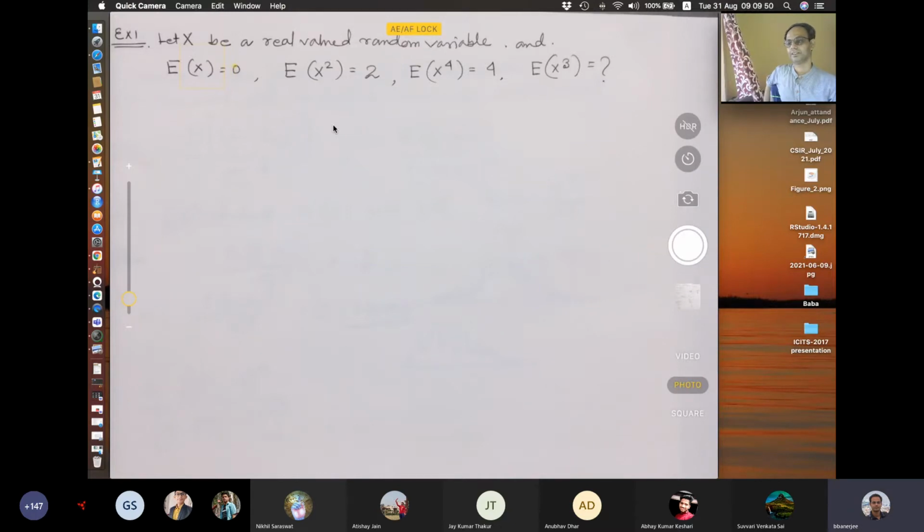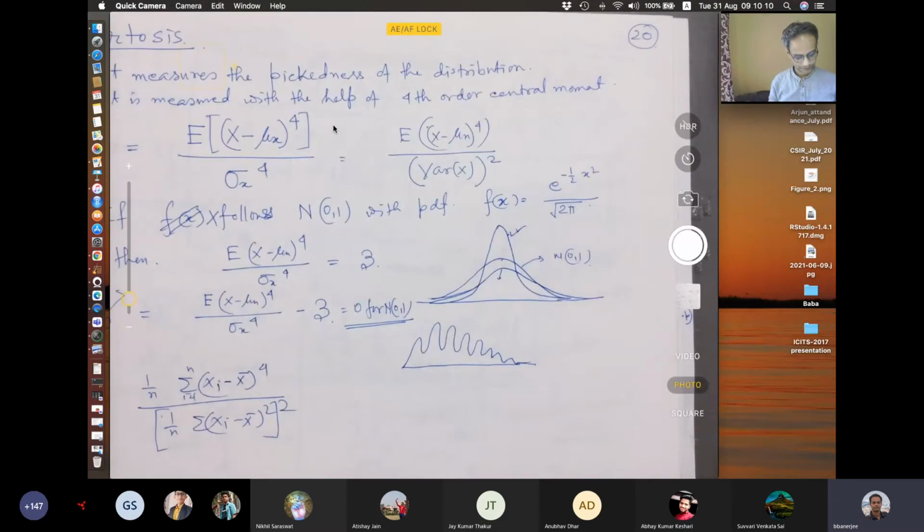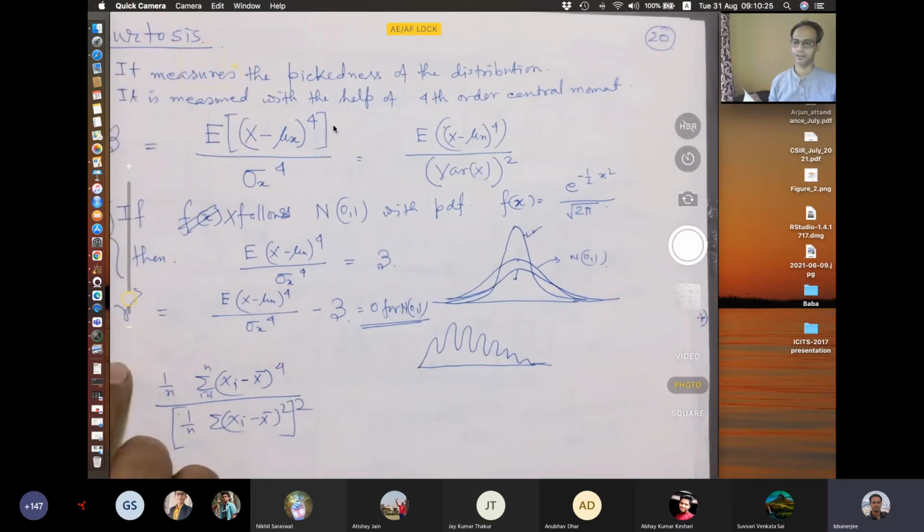Excuse me, sir. Will the area under the probability density function always be 1? Yes, if you integrate from minus infinity to plus infinity.